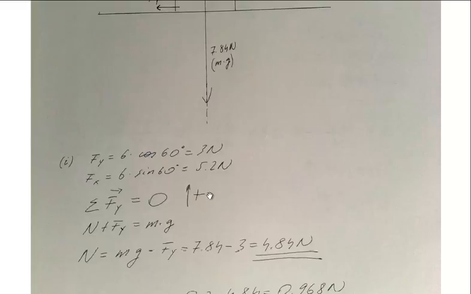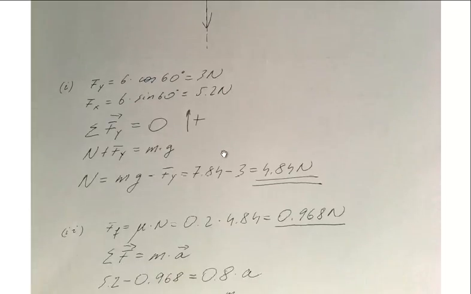The positive direction is upwards, so n plus f sub y minus m times g is equal to 0, so we get this equation, and then n is equal to m times g minus f sub y, and it's 4.84 newtons.